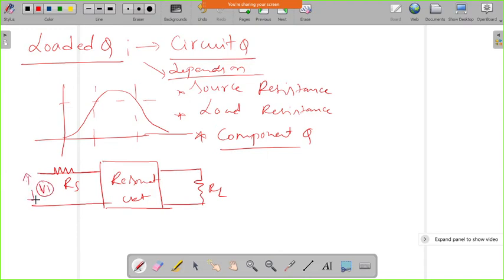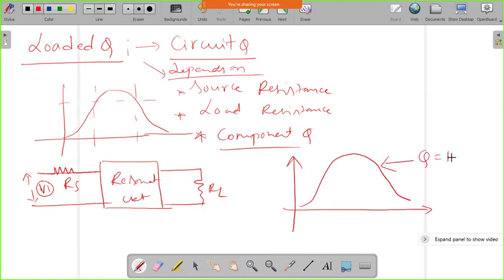Now if I define the Q, which is the loaded Q, as I said, it describes the passband characteristics. If I have a lower loaded Q, for example Q of 1.5, then it has a wider passband.